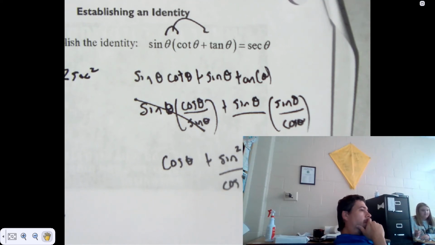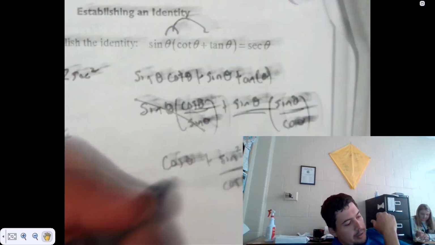What do you want to do here? What's cosine of theta understood to exist over? These are actually two fractions, kids.